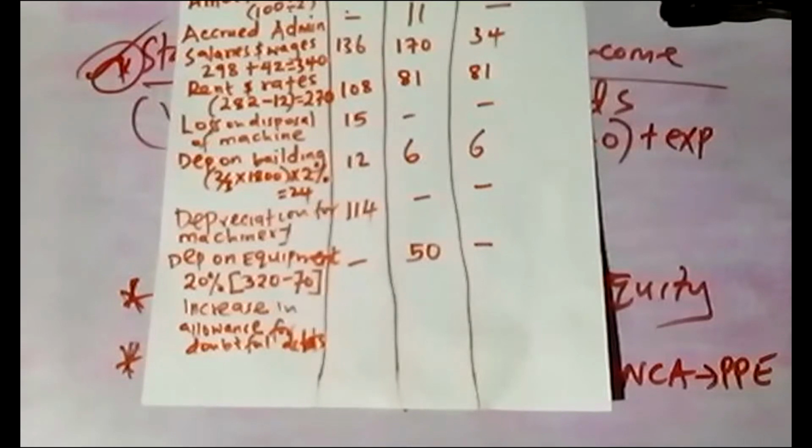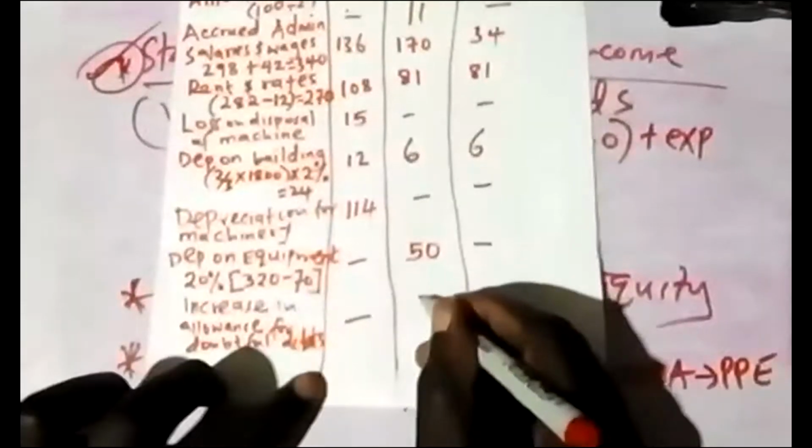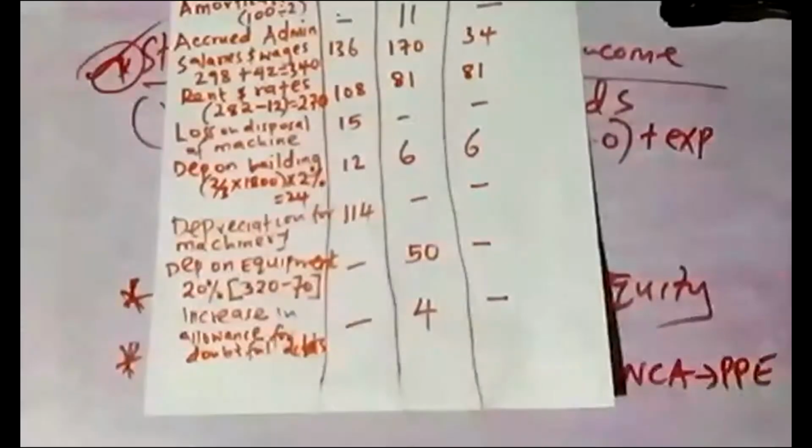This can be classified under admin because they are not specific, but I'm recording it under admin because the decision to make a provision, since we have extended some lendings and expect that these people might not pay, is an administrative decision. That is why I am recording the increase under admin.